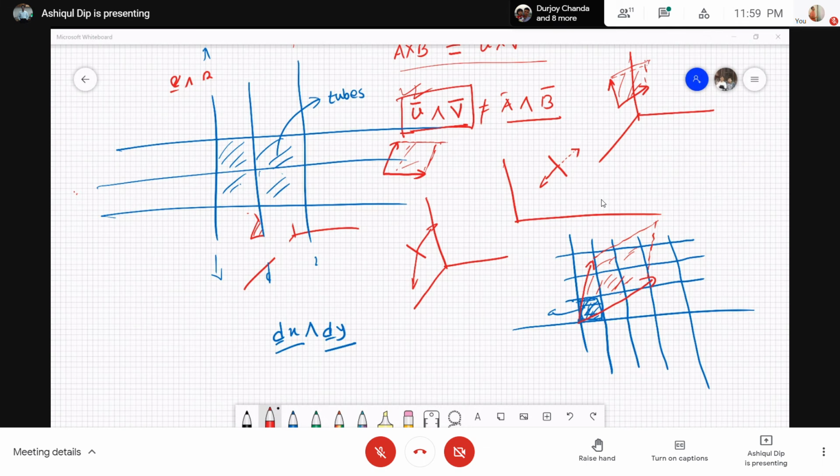So u wedge v in 3 dimensions is like a cleaver that can chop meat. Now that u wedge v can chop those tubes. How many tubes it chops is the area represented by u wedge v. So that's how we define the piercing process between 2-forms and 2-vectors.